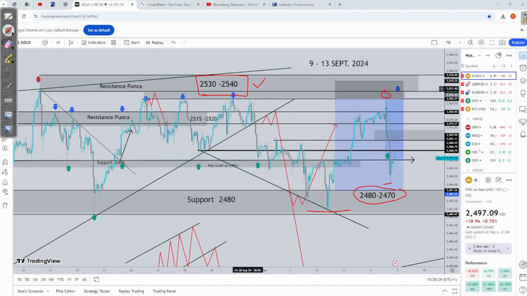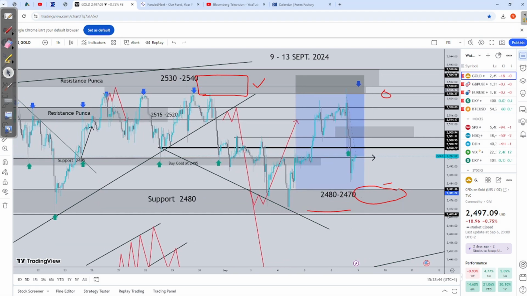What I'm expecting now is that the market makes some form of correction over here, and then drops down. Plus or minus, these are the areas.